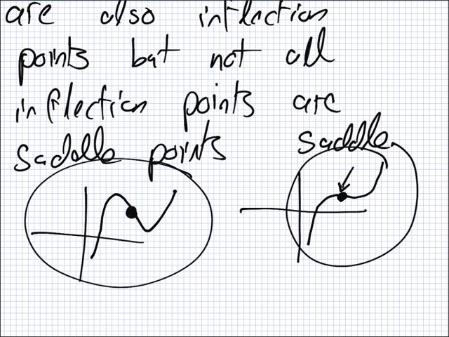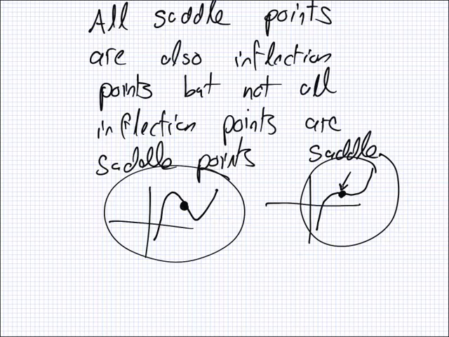Okay? So like I said, all saddle points are also inflection points, but not all inflection points, like this one, are also saddle points. Does that clear it up for you? Yeah. Okay.